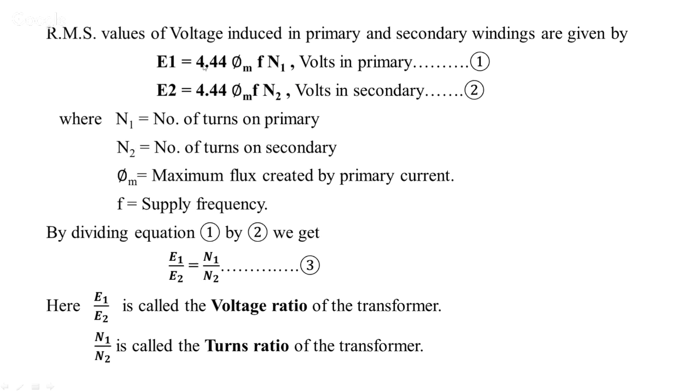Now when you divide these two equations, equation 1 and equation 2, all these terms will cancel. 4.44 f φm is common in both, so it cancels. What remains is E1/E2 = N1/N2. E1/E2 is called the voltage ratio of the transformer, and N1/N2 is called the turns ratio of the transformer.